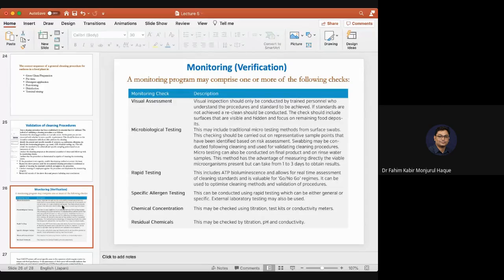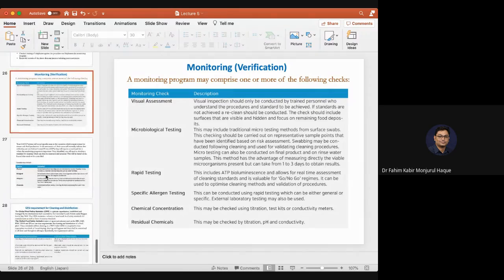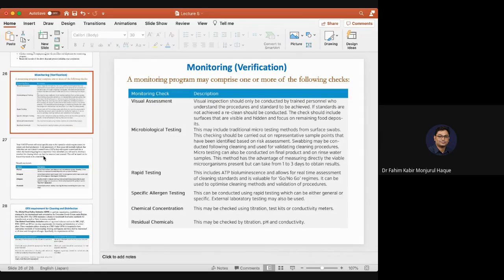Everything is written; all of this is prefixed in the regulatory guidelines and well established there: for what procedure, at what frequency you have to do the verification and the validation. So validation and verification are two different things.